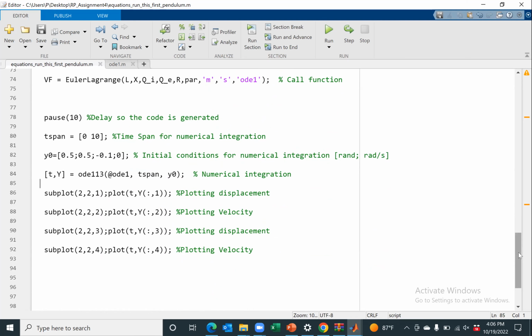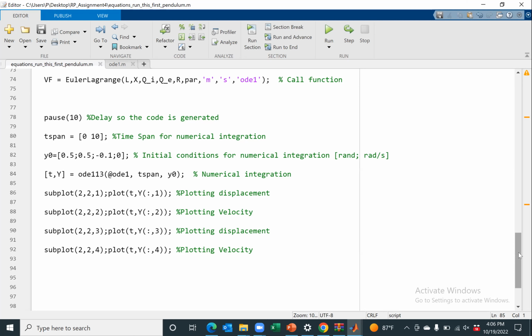So I'm going to convert that canvas into a 2 by 2 matrix. So there will be 4 plots. So it will be a 2 by 2 plot. The first plot is going to be time on the x-axis and the angular displacement on the y-axis.